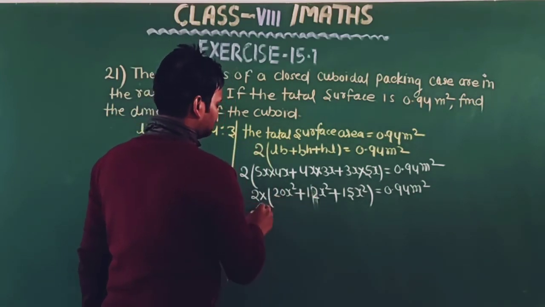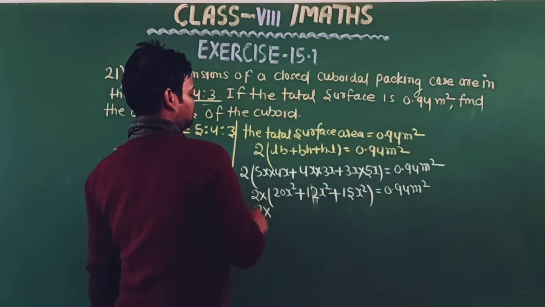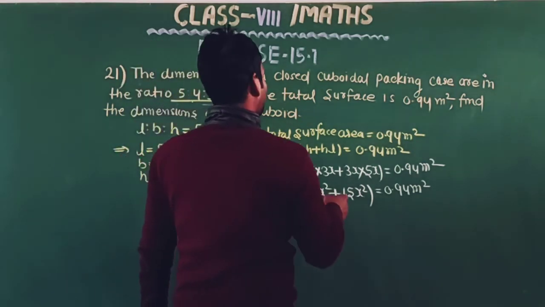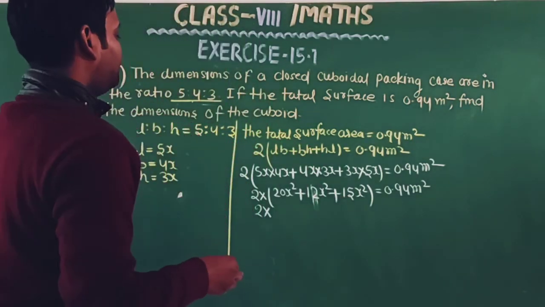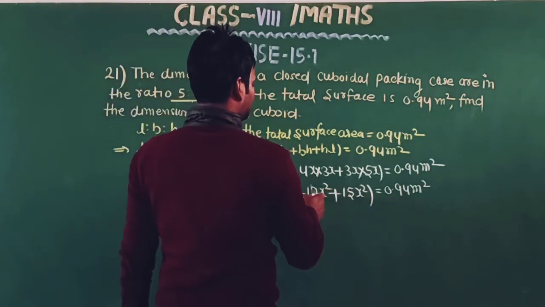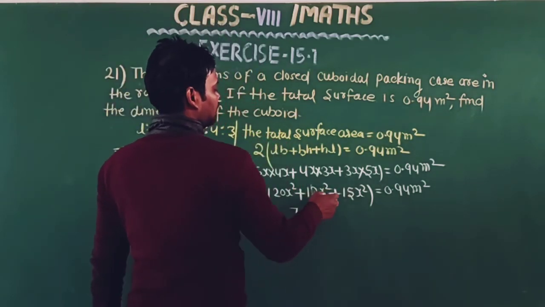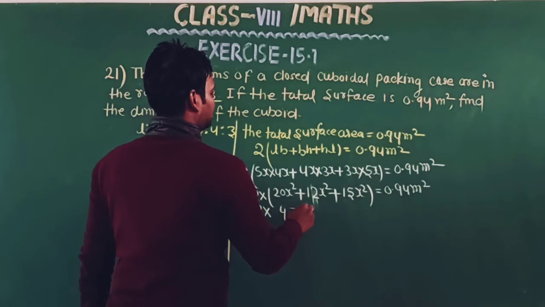Now adding 20x square, 12x square, 15x square, we will get 47x square.